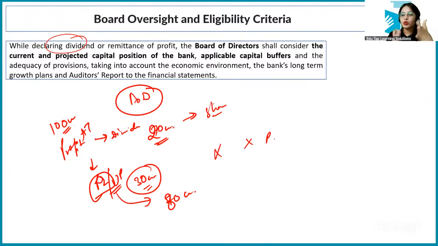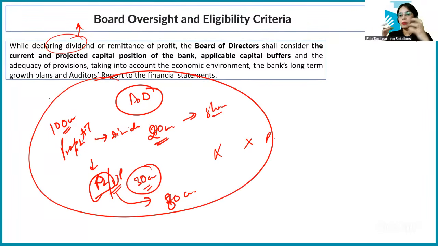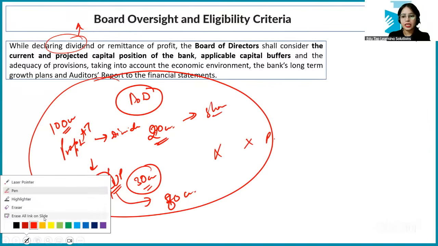So the bank has to see what the current capital position of the bank is. Does the bank have enough provisions? If the bank has enough provisions, enough capital buffers, and enough of a capital position, then the bank can declare higher dividend also. But if the bank does not have sufficient buffers with itself, then it should not declare higher dividend. That is the basic idea.